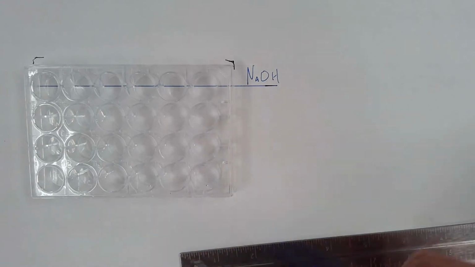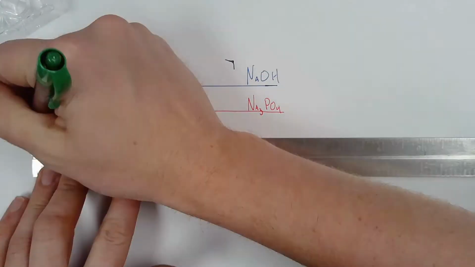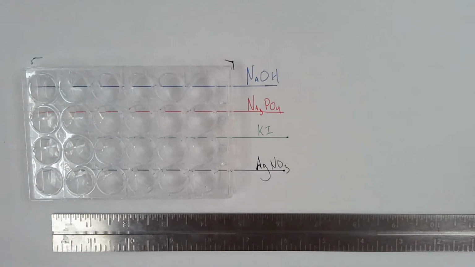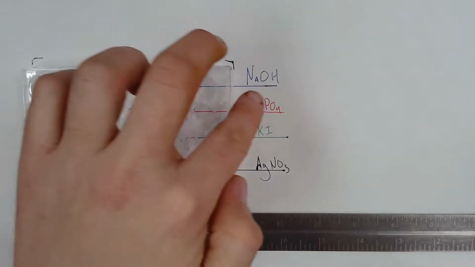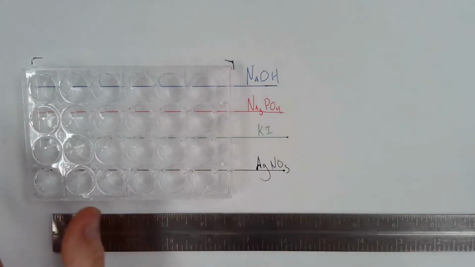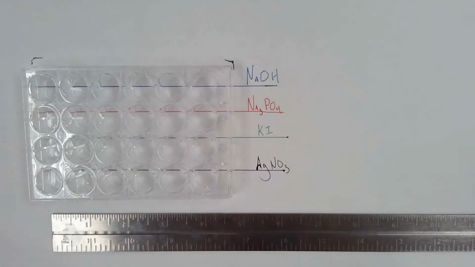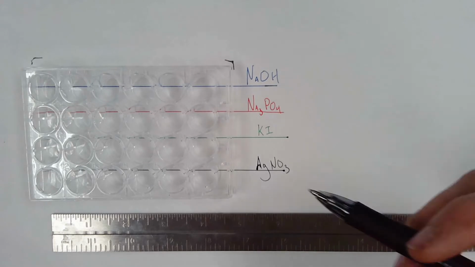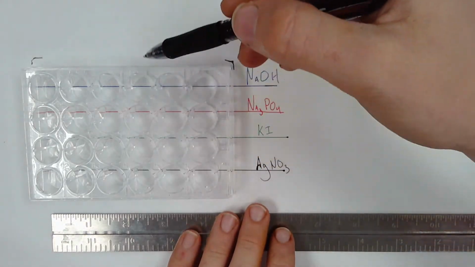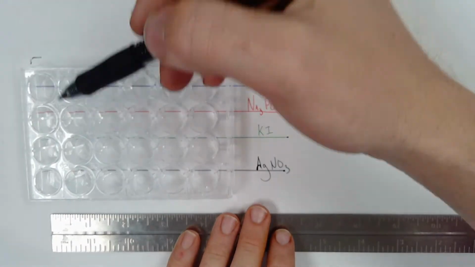Great, let's go ahead and build out the rest of this really fast. All right, so now this row will be sodium hydroxide, this one sodium phosphate, this one potassium iodide, this one silver nitrate. So now, like a times table, I need to go ahead and build some unknowns this way.